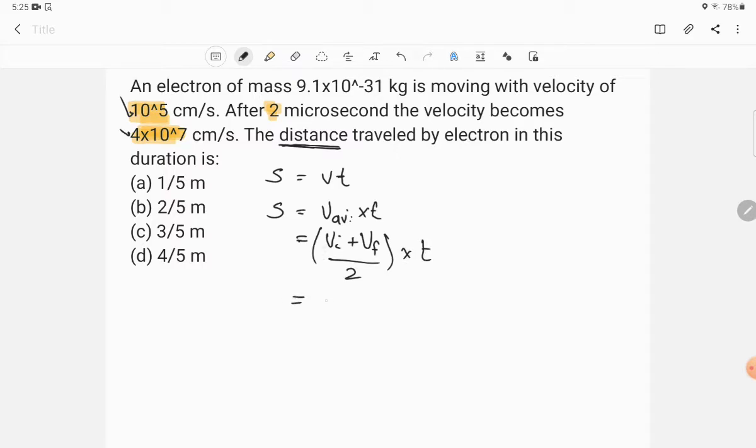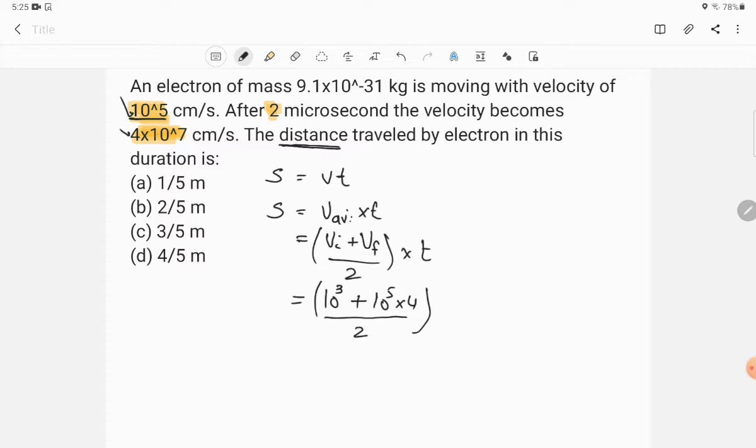Now the initial velocity is 10 to the power 3 meter per second. This thing is very important, that you have to convert the given velocity into SI units. So 10 to the power 3 and 10 to the power 5 into 4, and divided by 2.